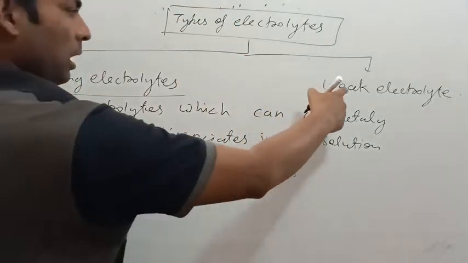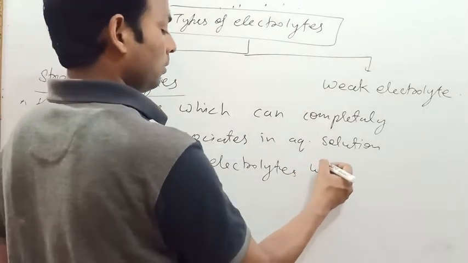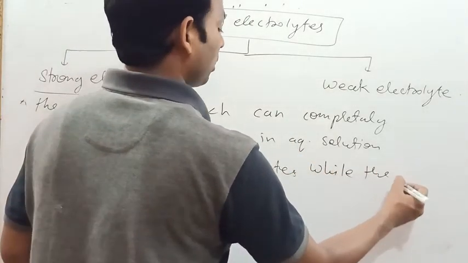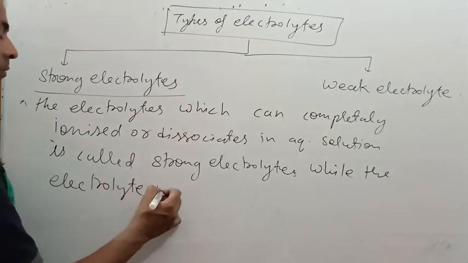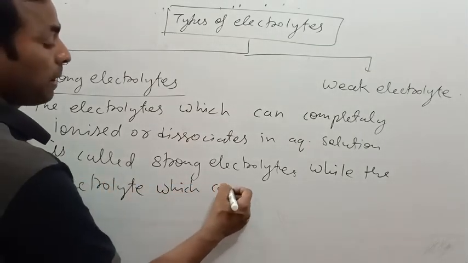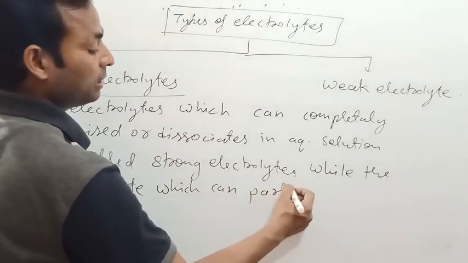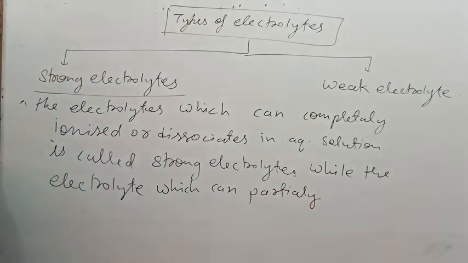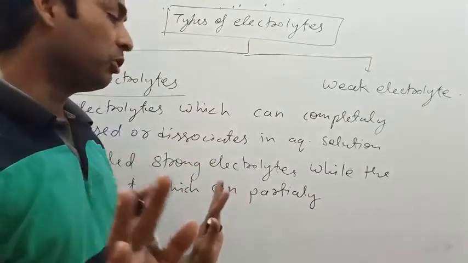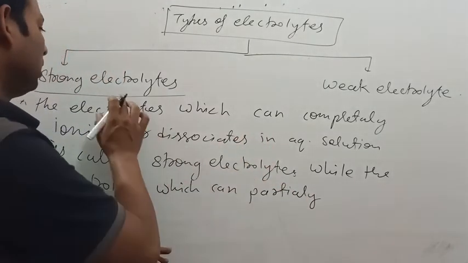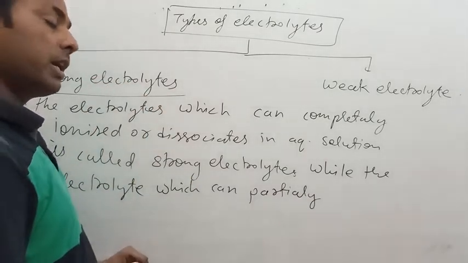Clear? And weak electrolytes are the electrolytes which can partially dissociate, meaning 40%, 30%, 50%, like that. 100% is not possible; only 100% is possible in the case of strong electrolytes.